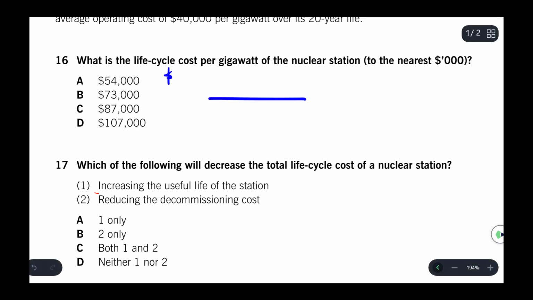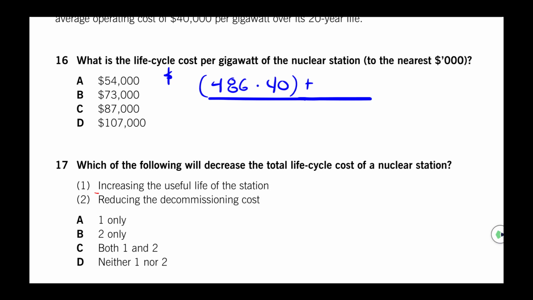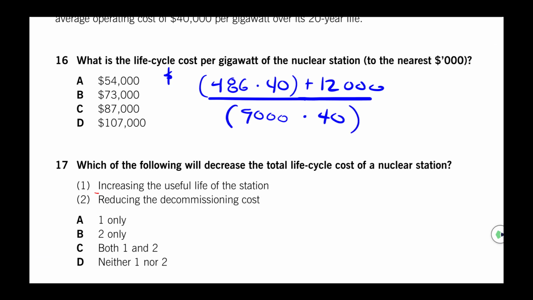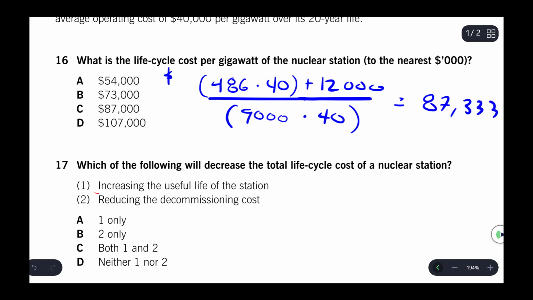So if we look at the total life cycle costs, we've got the 486 million multiplied by 40 years plus the 12 billion in decommissioning. That's a 12 and the 3 zeros. And that would be divided by the 9,000 gigawatts multiplied by 40 years. So there we go. Those are the figures, and our result then is 87,333.